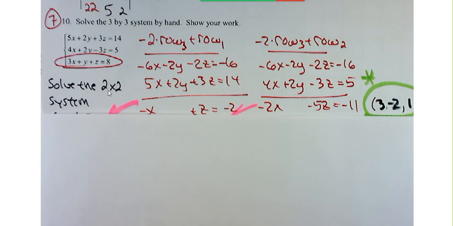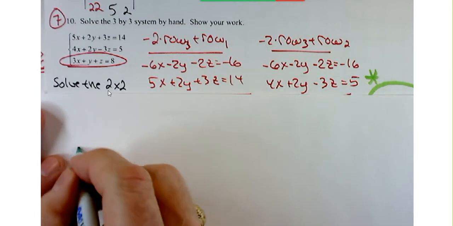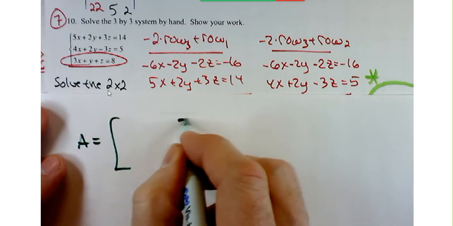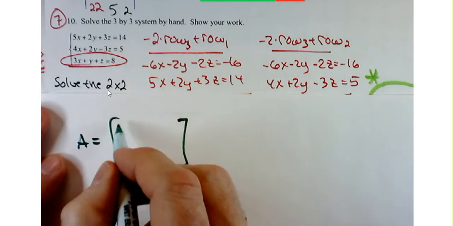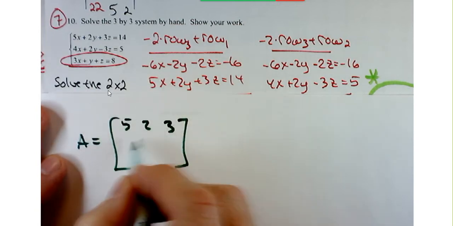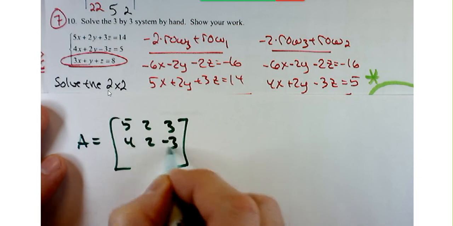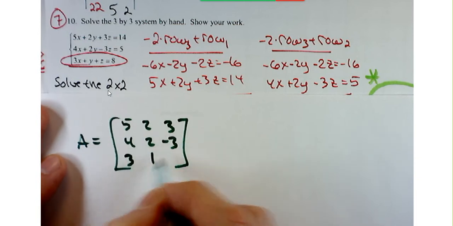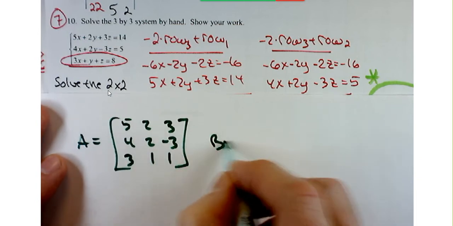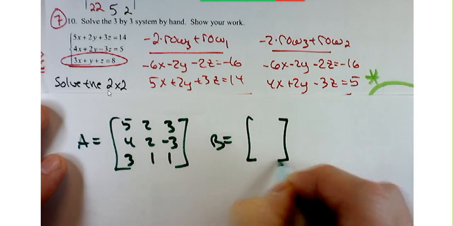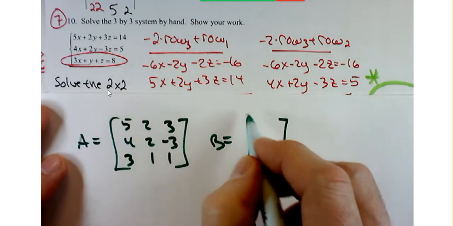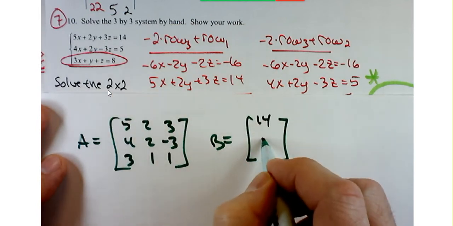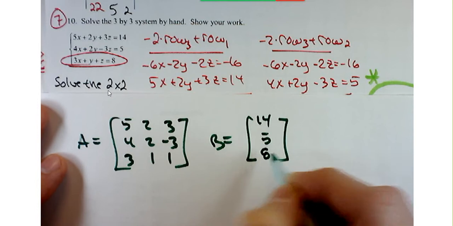We need A, the matrix of our coefficients: 5, 2, 3, 4, 2, negative 3, 3, 1, and 1. And B is the right-hand side: 14, 5, and 8.